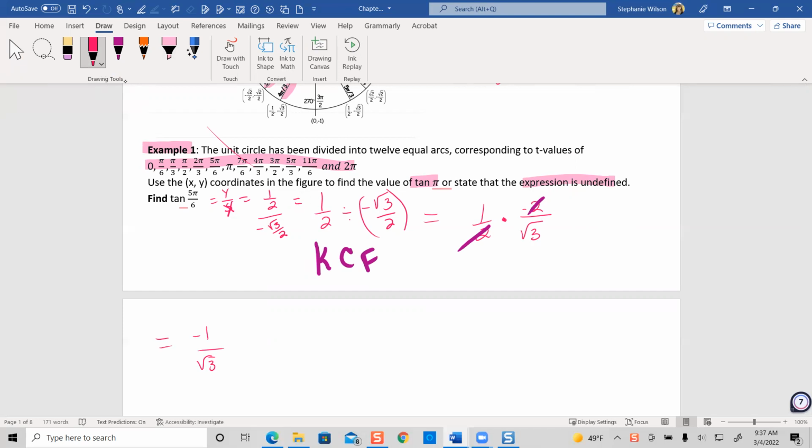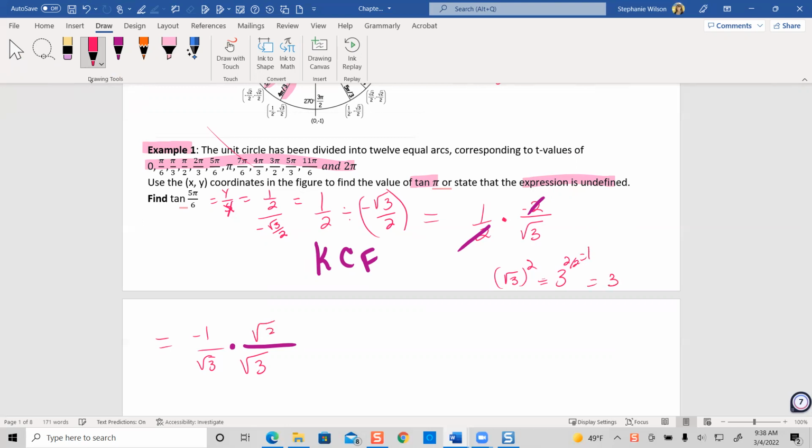However, one of the rules is you can't have a root in the denominator, so that means I need to multiply by its conjugate. What's going to undo it? Well, I know that if I take the square root of 3 times the square root of 3, that's going to give me this, which can be rewritten as power over root, which reduces down to 1, leaves me with what's inside.